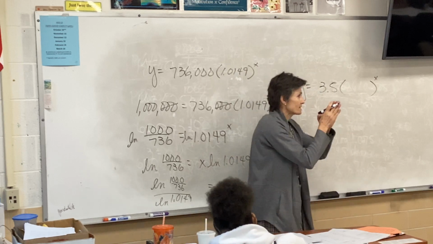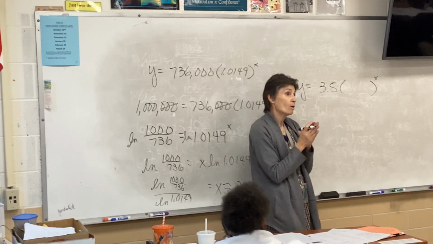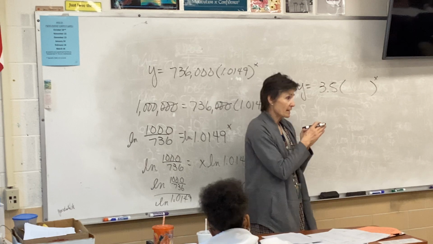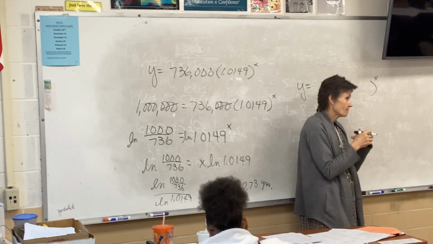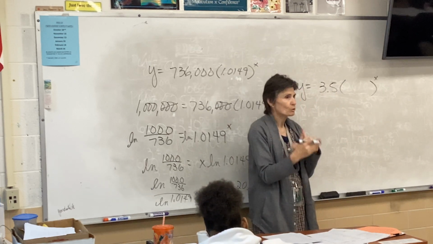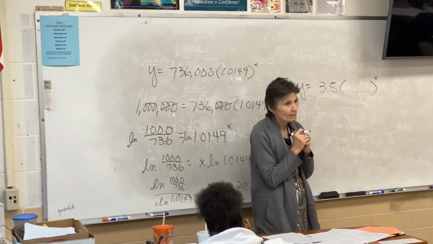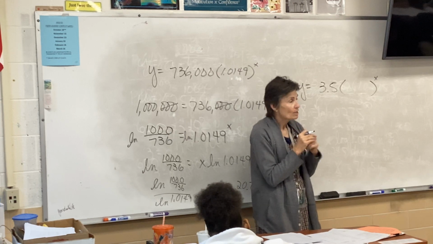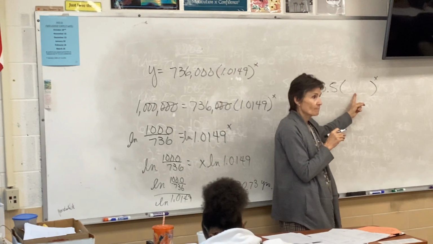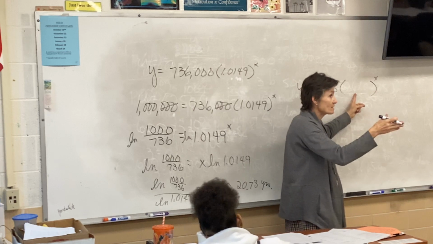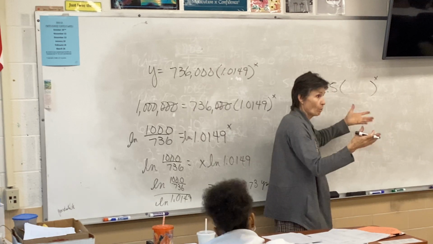What's my percentage? First of all, I'm not growing, I am decaying, so it's going to be 1 minus. And by what percent am I decreasing? 50%. So what goes in here? 1 minus 50%? Or 0.5?